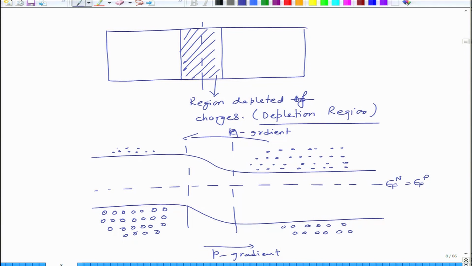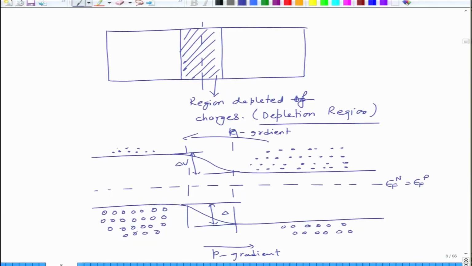But you can also see one thing: because of band bending at the interface, these electrons now have to overcome an energy barrier. For electrons positive energy is the barrier, and for holes negative energy is the barrier. For holes also there is a barrier on this side, and this barrier is created by the band bending at the interface, which is manifested in the form of electric field.